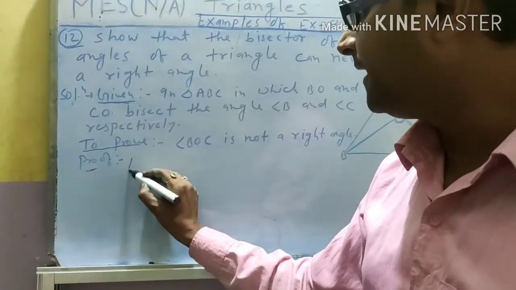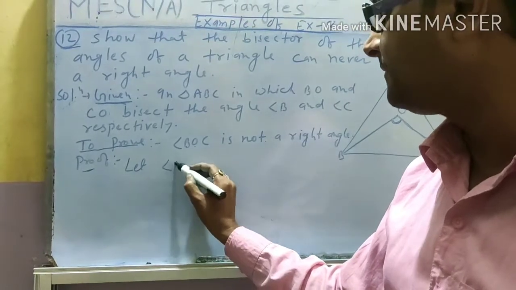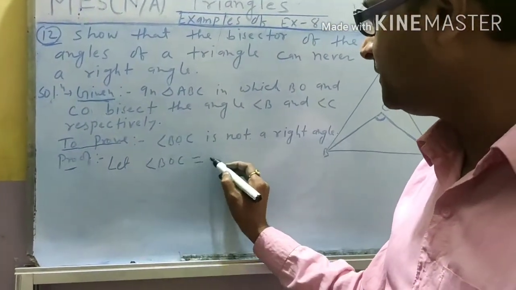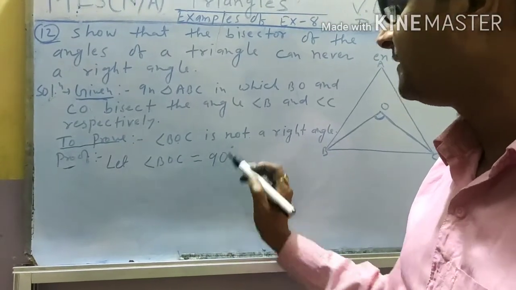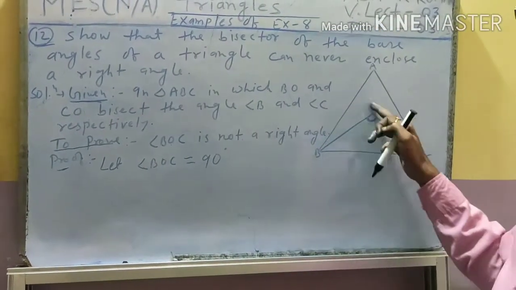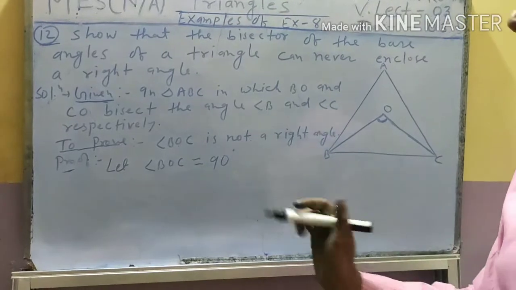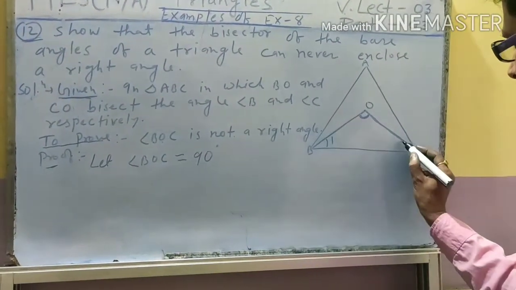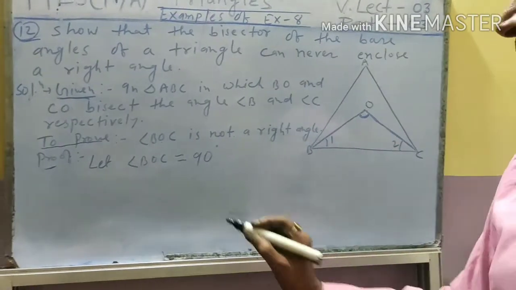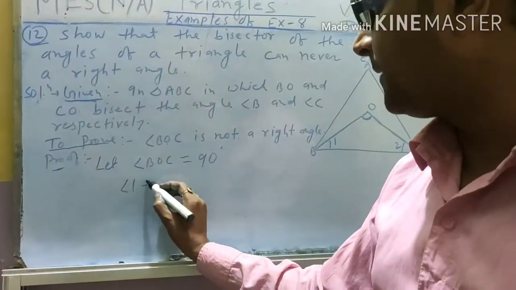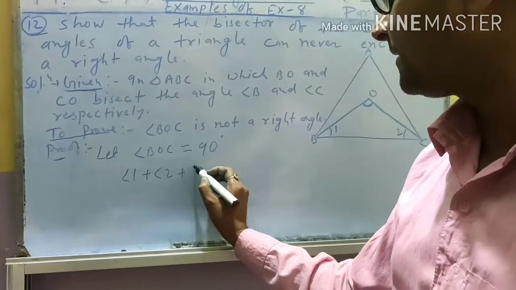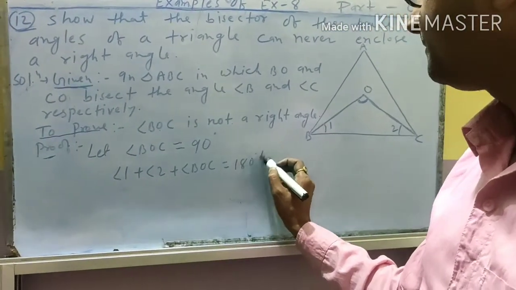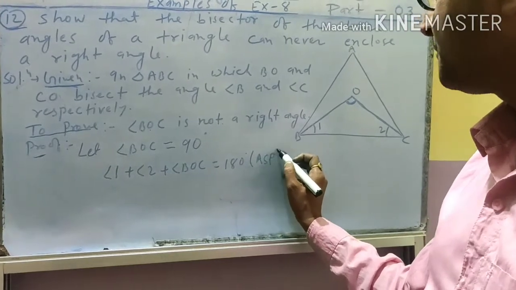Here is the proof. Let us consider here students, angle BOC is equal to 90 degrees. Let us consider angle BOC is equal to 90 degrees. And this angle is angle 1 and this angle is angle 2. So angle 1 plus angle 2 plus angle BOC is equal to 180 degrees by ASP, angle sum property.